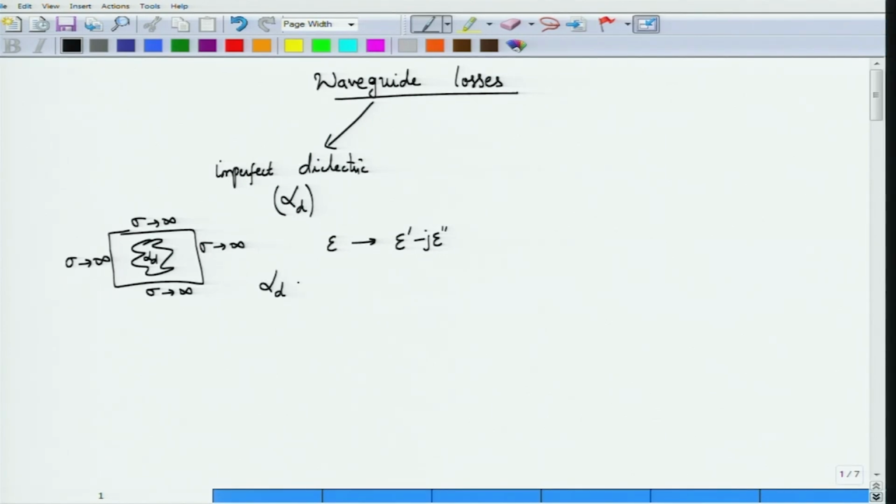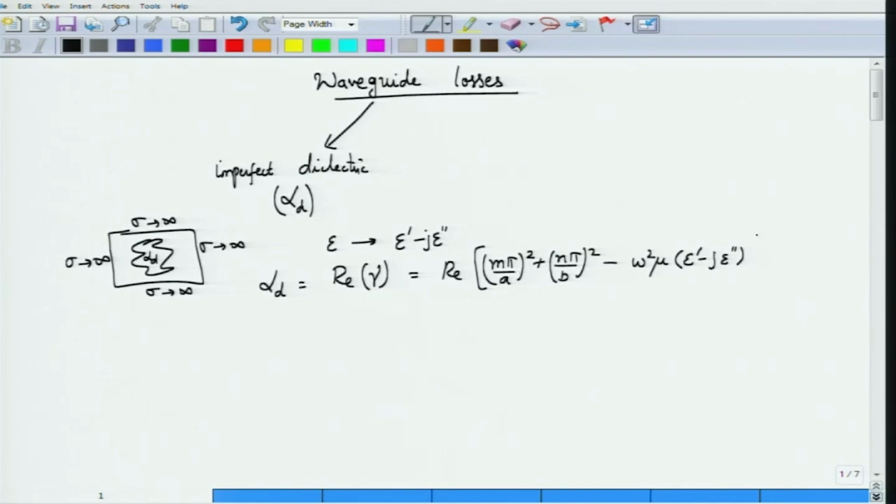So alpha d, the dielectric loss constant, can be obtained from the real part of gamma, because gamma is alpha plus j beta, and this would be the real part of the square root of (m pi by a) whole square plus (n pi by b) whole square minus omega square mu. In place of epsilon you need to write epsilon prime minus j epsilon double prime, and then take the square root of this entire thing.